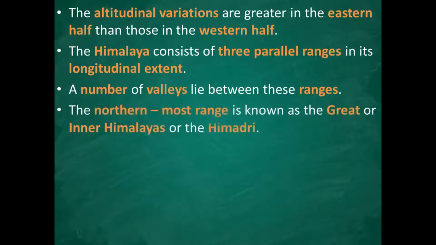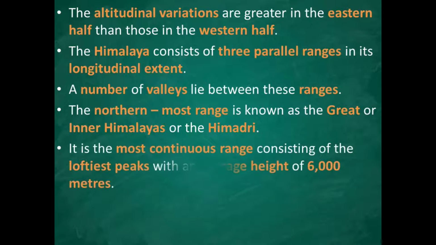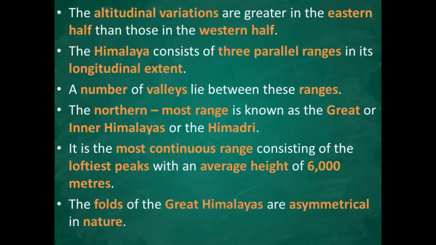The northernmost range is known as the Great or Inner Himalayas or the Himadri. It is the most continuous range consisting of the loftiest peaks with an average height of 6,000 meters. The folds of Greater Himalayas are asymmetrical in nature.